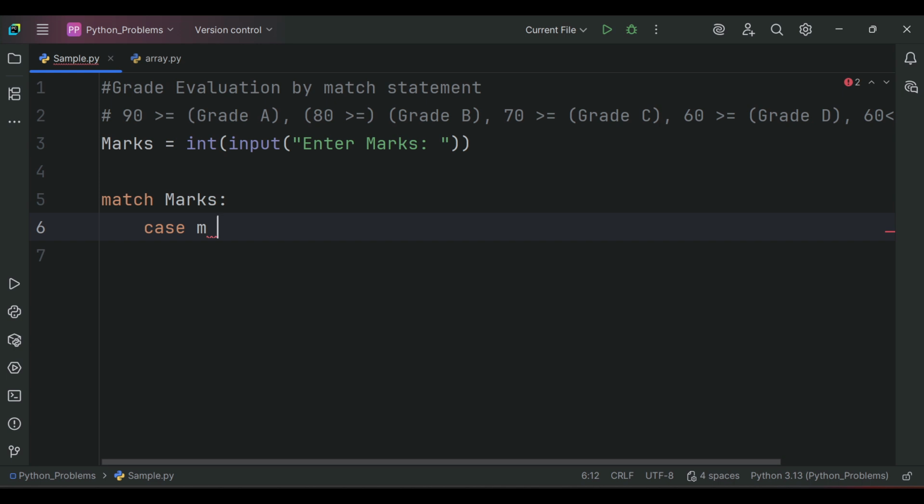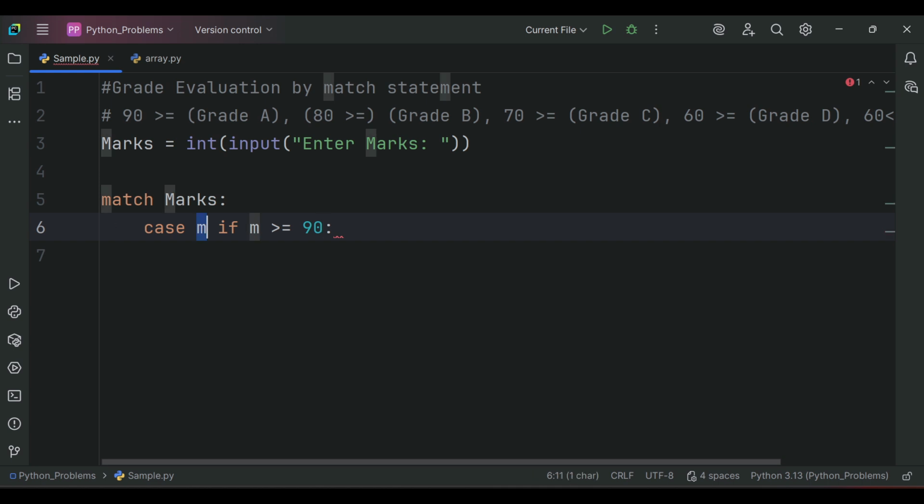Now, small m. Suppose marks is greater than 90, at that time use an if condition: if marks is greater than or equal to 90, this is the case statement.